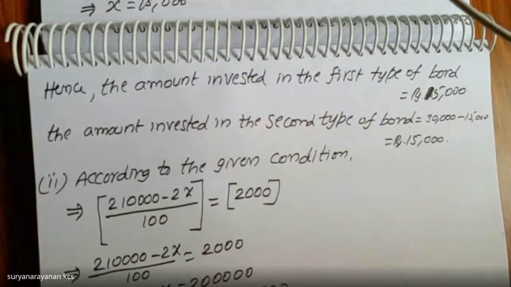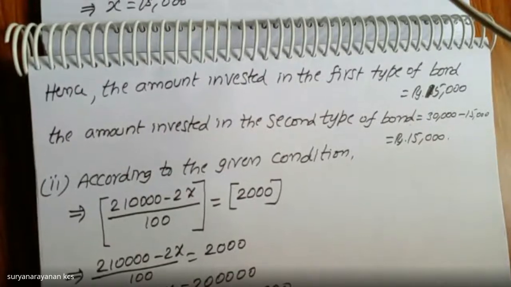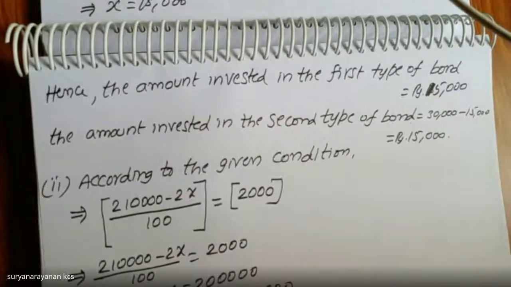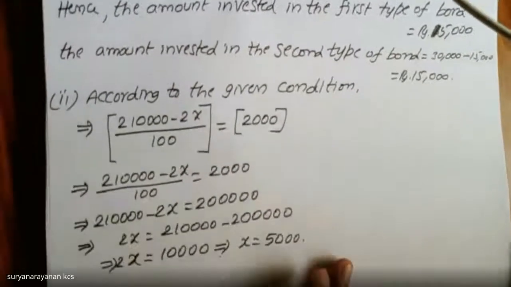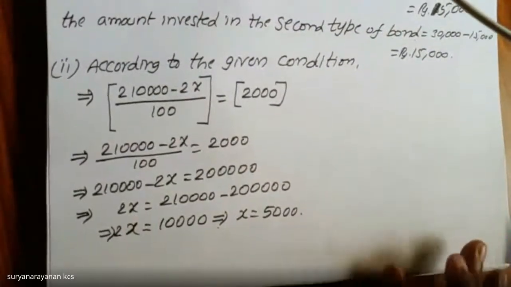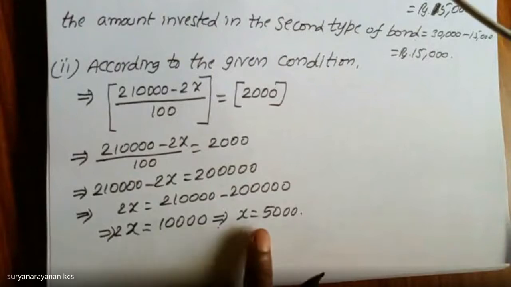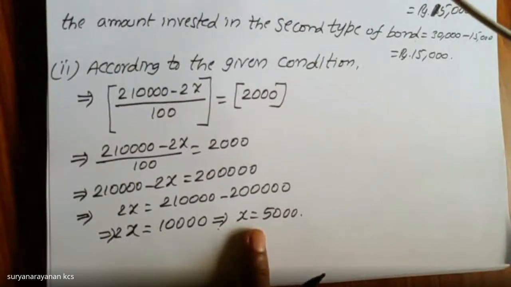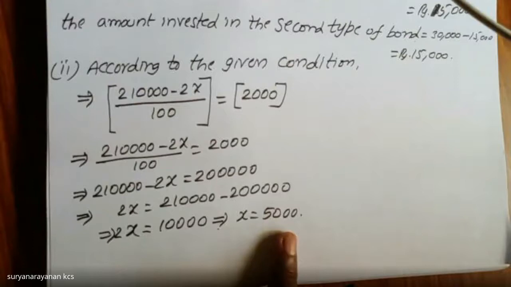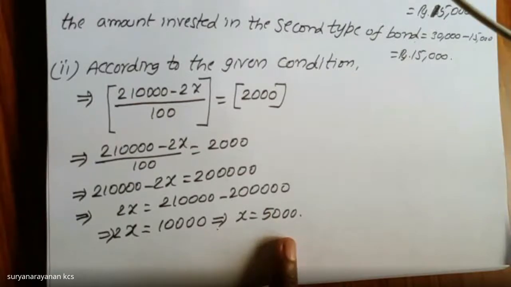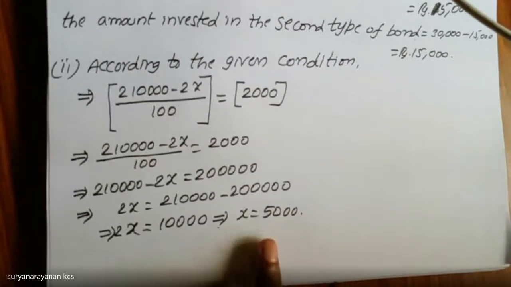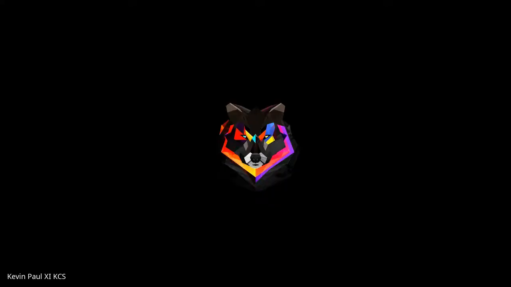This implies x is equal to 5,000. So the amount that should be invested in the first type of bond is 5,000 rupees, whereas the remaining amount, that is 25,000, should be invested in the second type of bond. Will you write the remaining step, my children? Yes, sir.